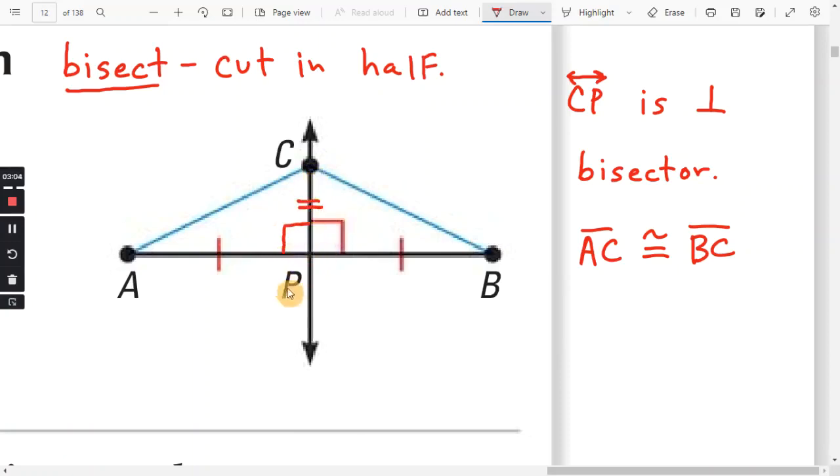So these two triangles are congruent by side, angle, side, SAS. And if these triangles are congruent, then the corresponding parts are congruent. So this side here corresponds to this side here. Since both triangles are congruent, those sides are congruent.